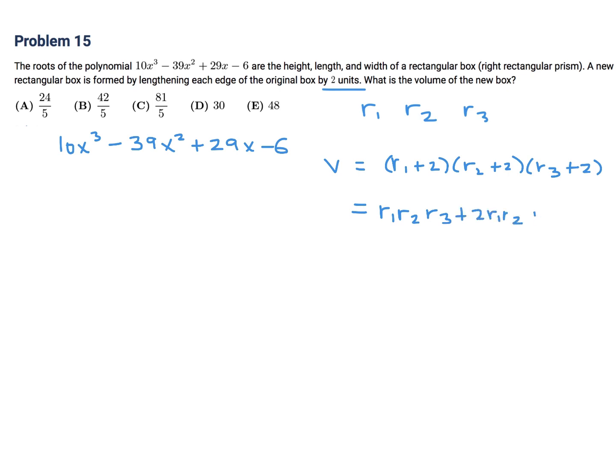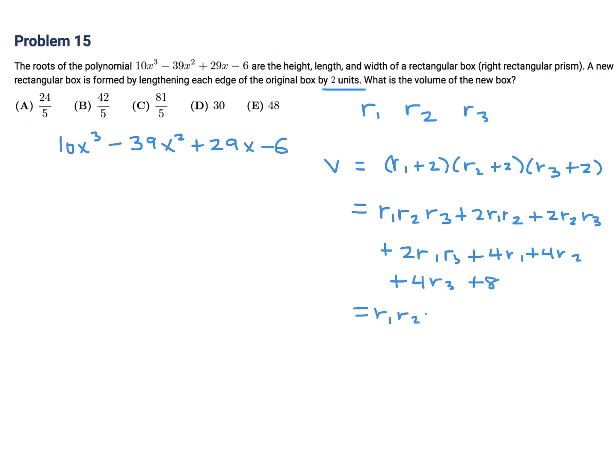R1 R2 R3 plus 2R1 R2 plus 2R2 R3 plus 2R1 R3 plus 4R1 plus 4R2 plus 4R3 plus 8. Okay, and then I'm going to group it a little bit.